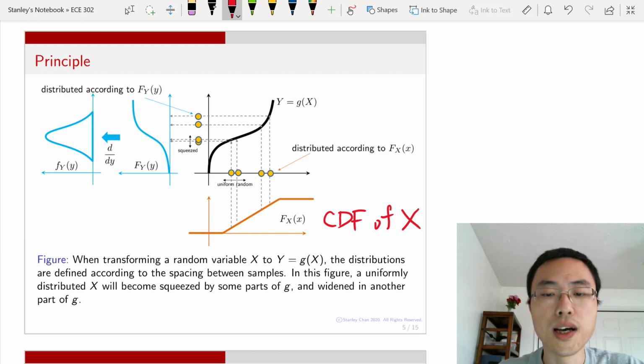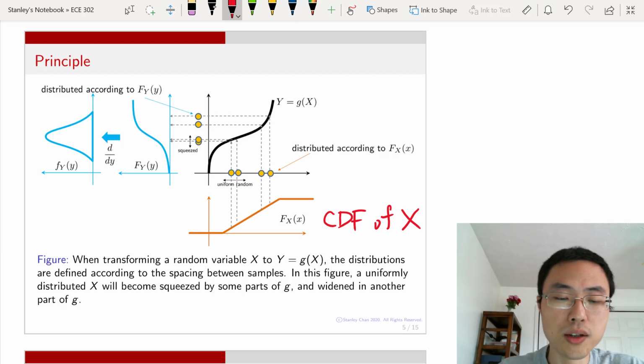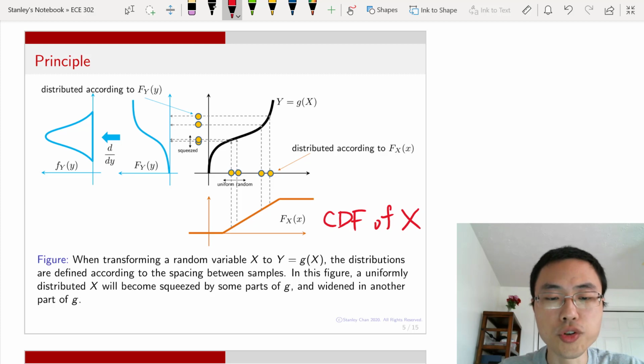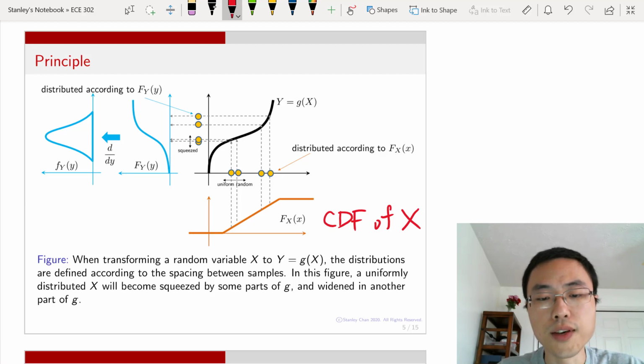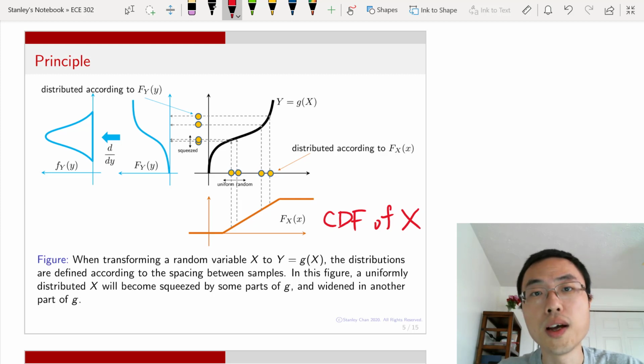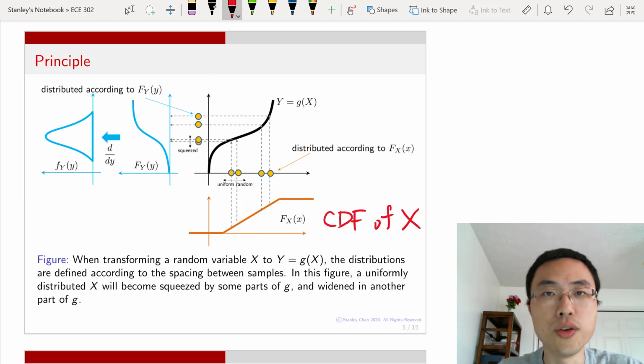That is the starting point, and this is something that you are given. I'm just assuming that the CDF of x takes this particular form, which is a uniform random variable. It's not necessarily the case, but I'm just giving you a particular example where x is indeed a uniform distribution. So that's given to you.